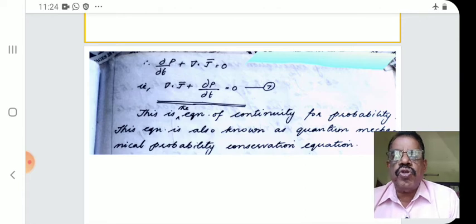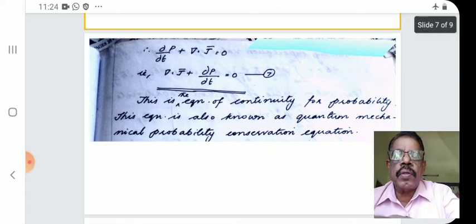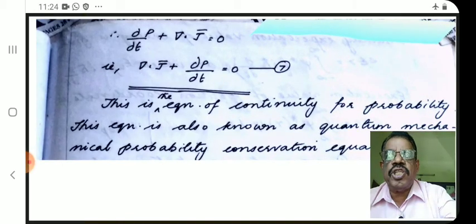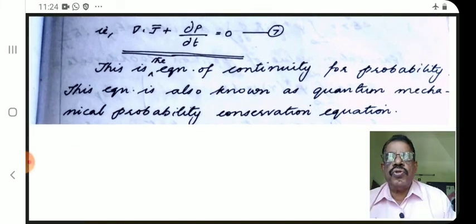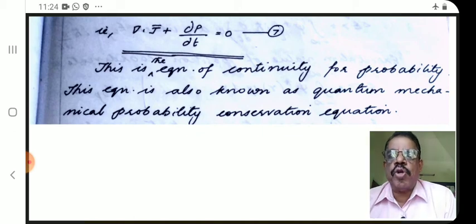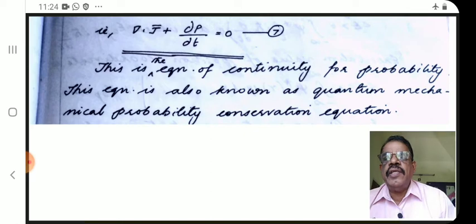This equation is also known as the quantum mechanical probability conservation equation. In this equation, J is called probability current density and P is called probability density.